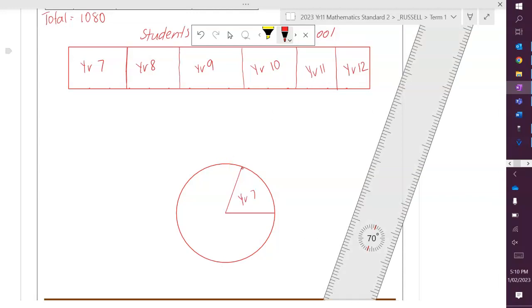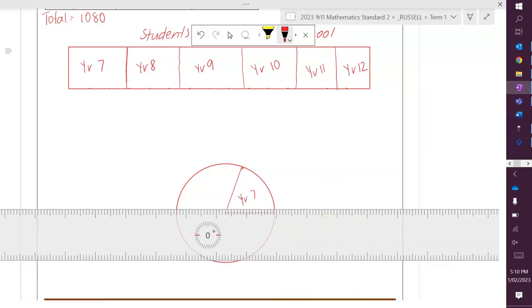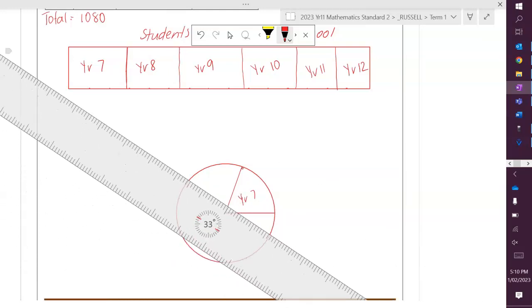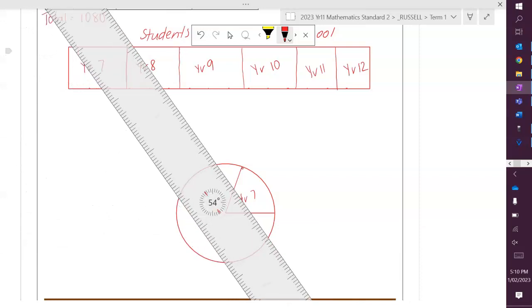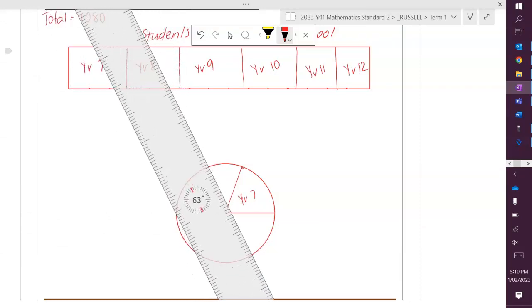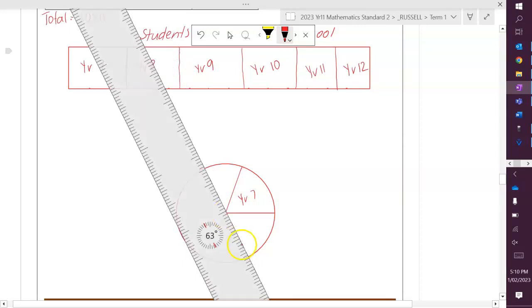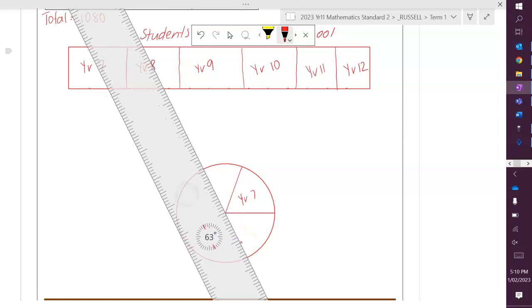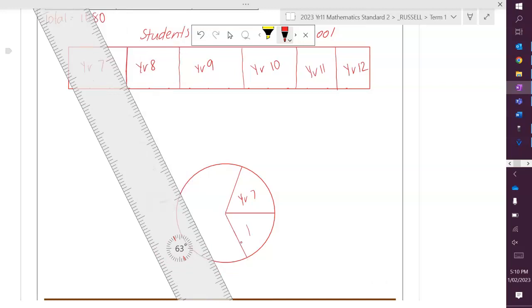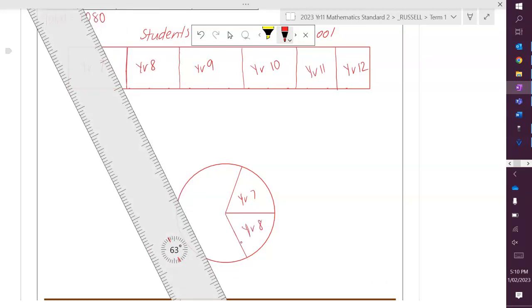And then you're going to work your way around to do your year 8, year 9, and all the way through. So if we're looking at that, I need to go year 8 is 63 degrees. So if I'm going from 0, I'm going to go this way. 63 is going to be this one. So that is going to be year 8.